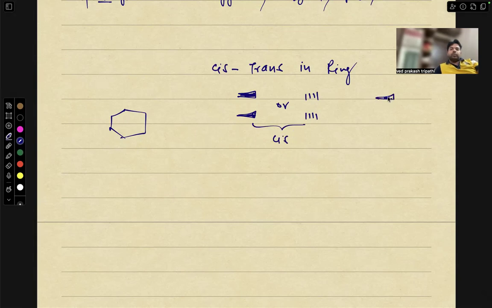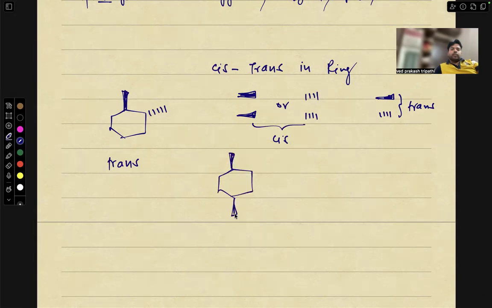And whenever one group is wedge and the other dash, this is known as trans. For example, look at this. So this is trans. And whenever groups are like this, it is called cis, or this.